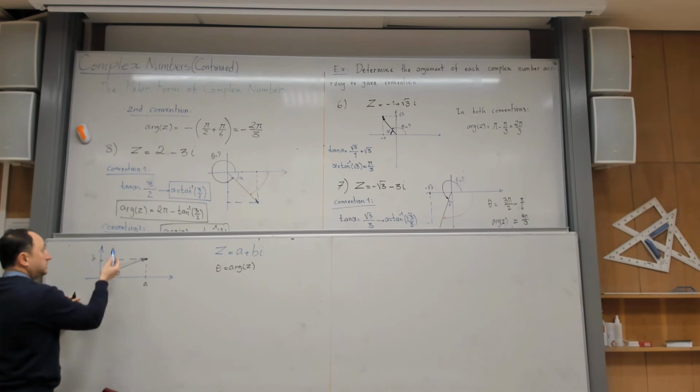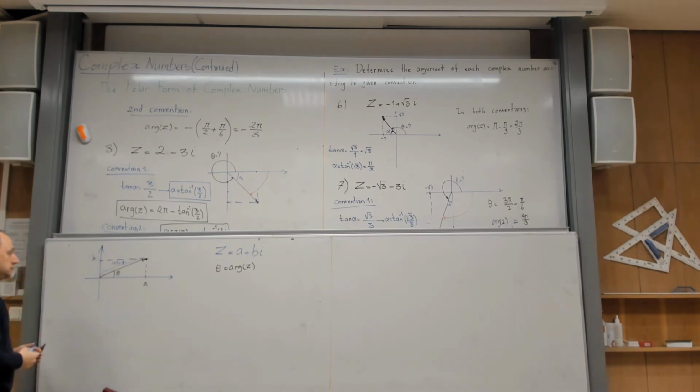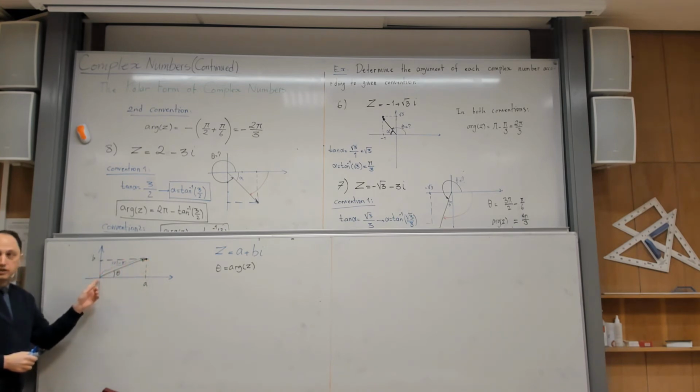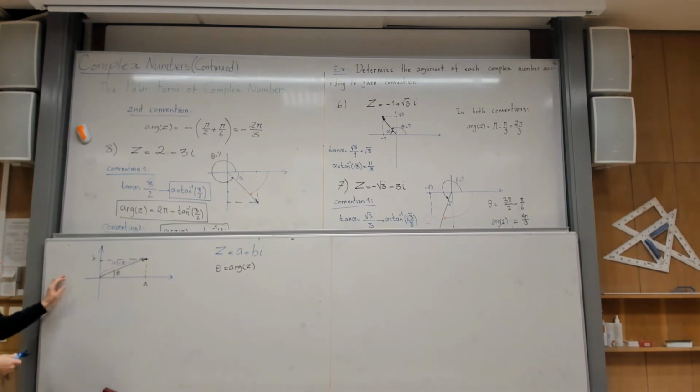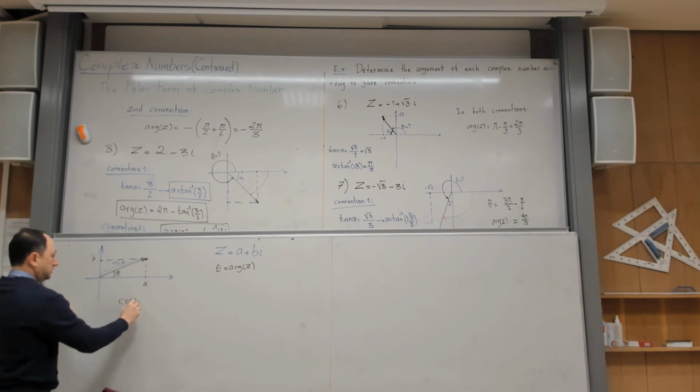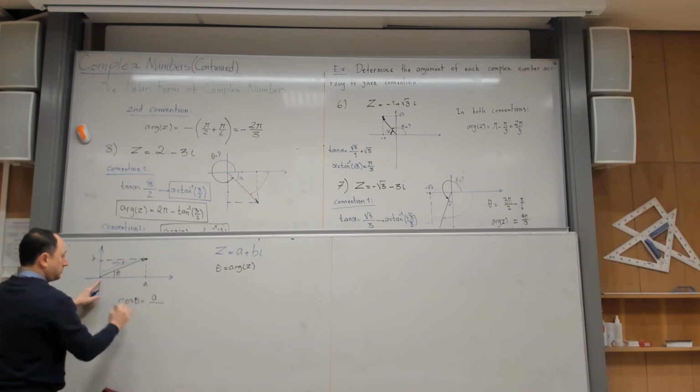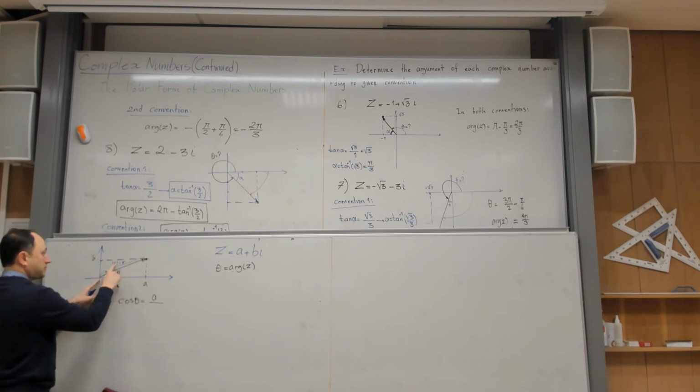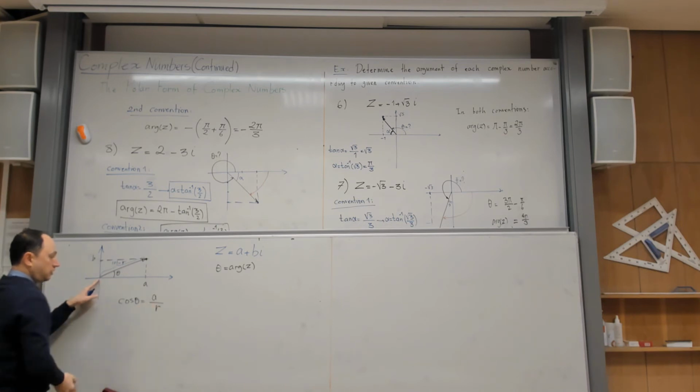And this is common in the context of polar form of complex numbers. They show it with r. So r is the distance from the point to the origin, which is the absolute value. So if I ask you what is a in trigonometric form, that is easy, yes? Because you would say that cosine of theta is the adjacent side, which is a, divided by the hypotenuse, which is the absolute value of z, which is r.